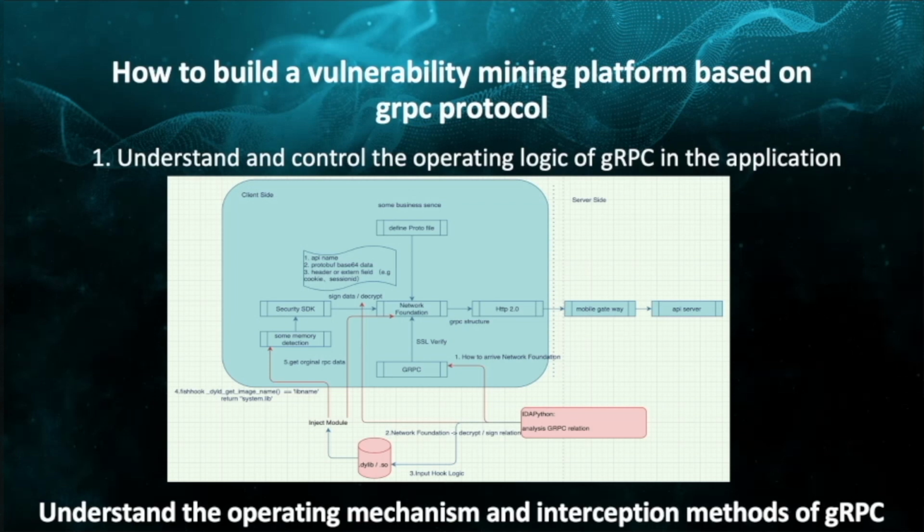We need to pay attention to some applications, where an independent security module is added for some security protection. In order to complete the gRPC data replayability, we need to build a reasonable signature and hide the memory module.